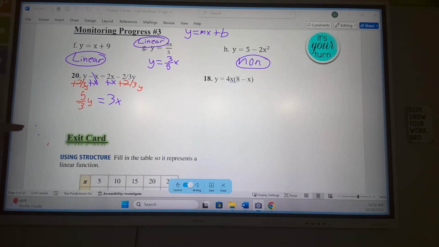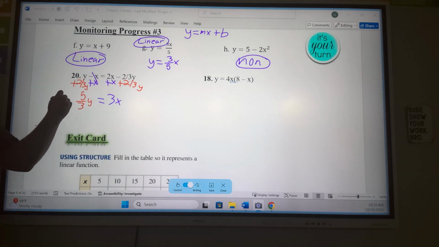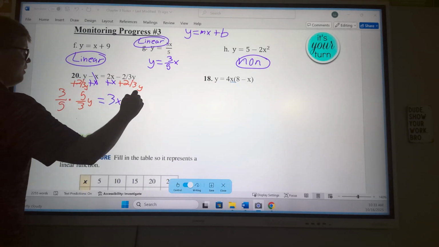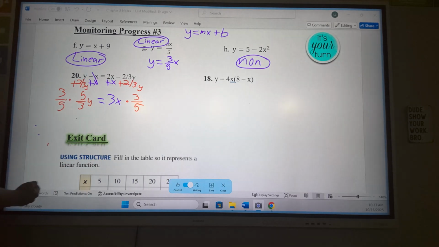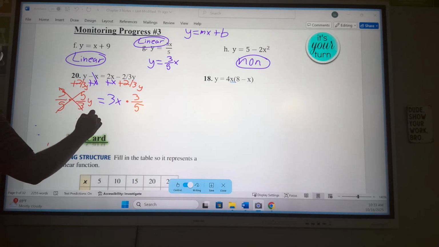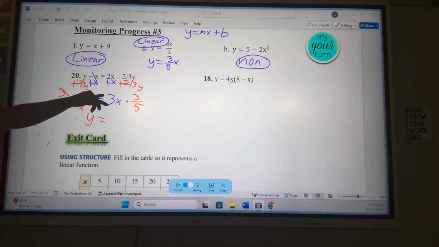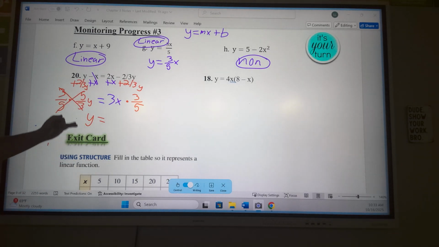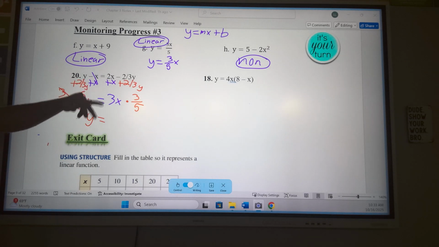Okay? Again, in order to get rid of a fraction on a variable, we can multiply by the reciprocal, which is 3 over 5. Let's multiply 3x by 3 over 5. Okay. These cancel. We have y equals. Now we can take 3 times 3, which is 9, and divide it by the bottom, which will be 9 over 5, or 1 4/5.